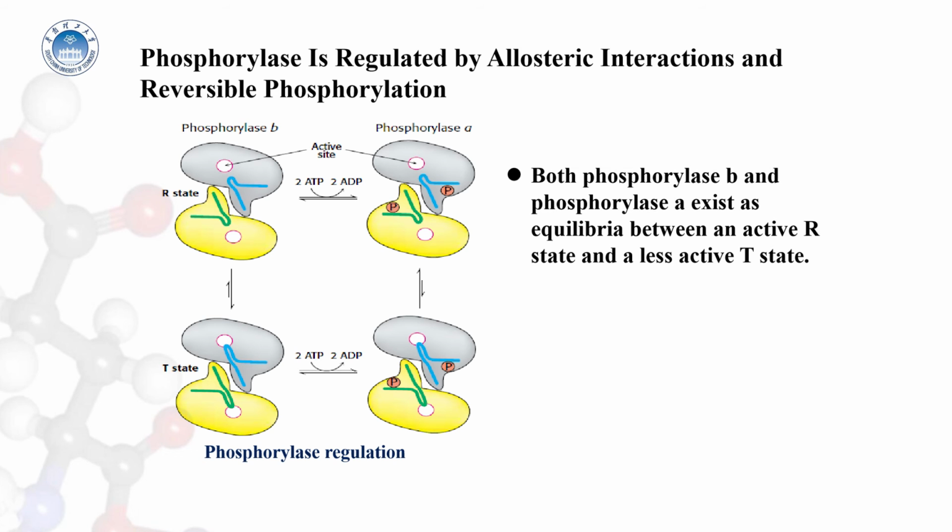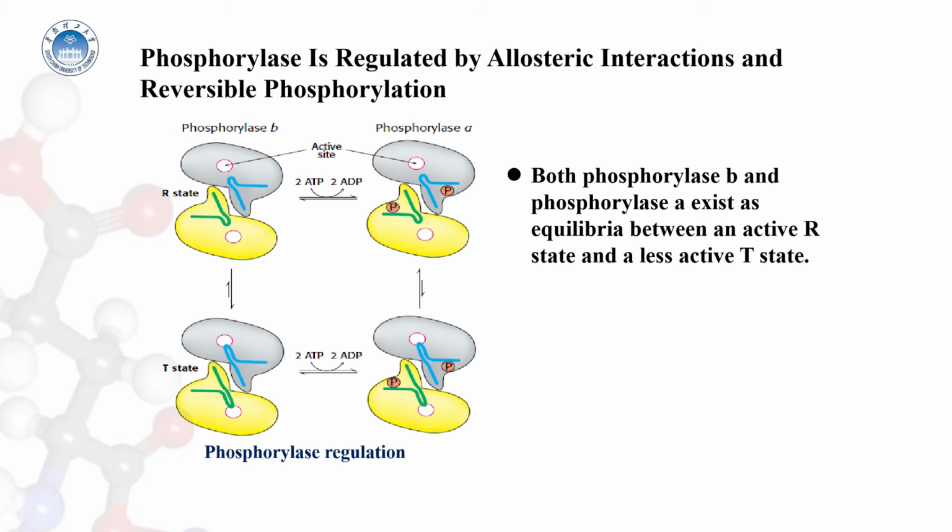Both phosphorylase b and phosphorylase a exist in equilibrium between an active R state and a less active T state. Phosphorylase b is usually inactive because the equilibrium favors the T state. Phosphorylase a is usually active because the equilibrium favors the R state.